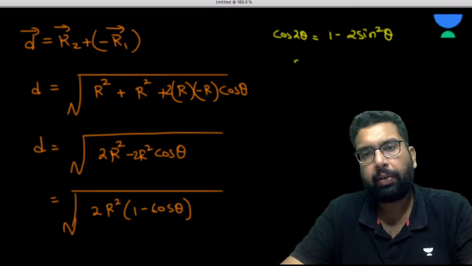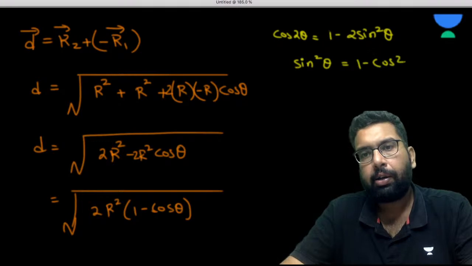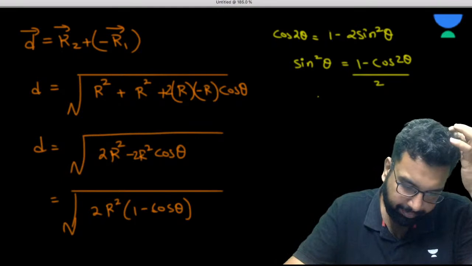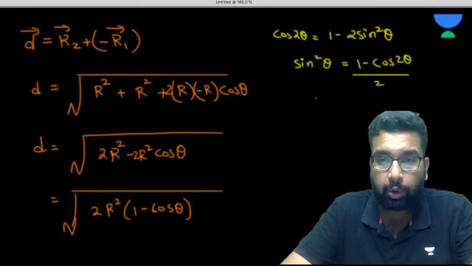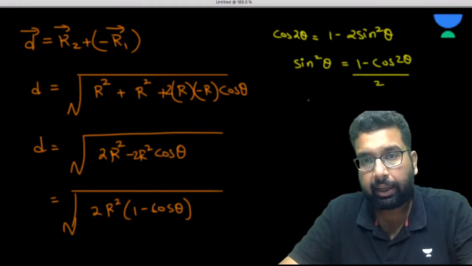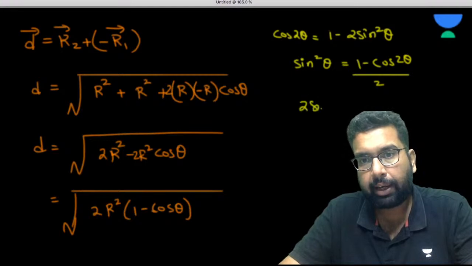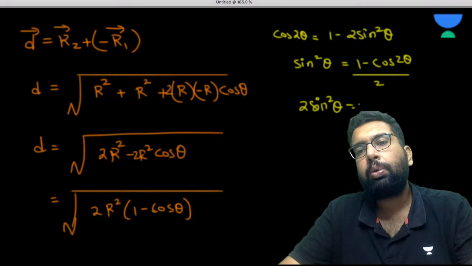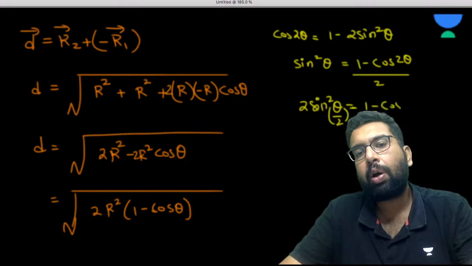So from here we can write sine square theta is equal to 1 minus cos 2 theta by 2, right? Can we write like that? So from here, can I write this as 2 sine square theta by 2, and this will become 1 minus cos theta?